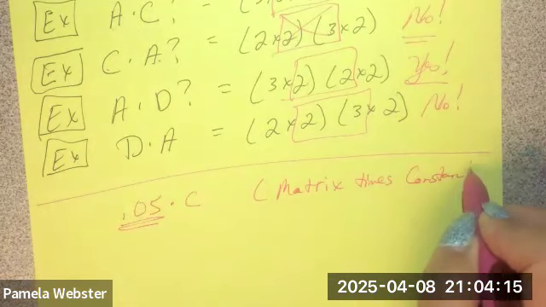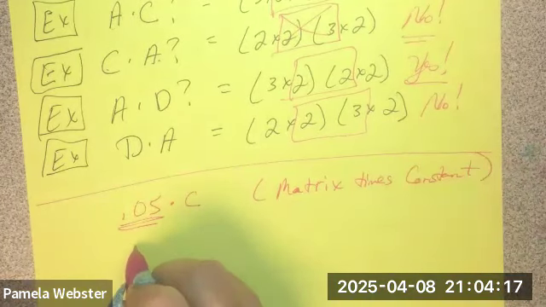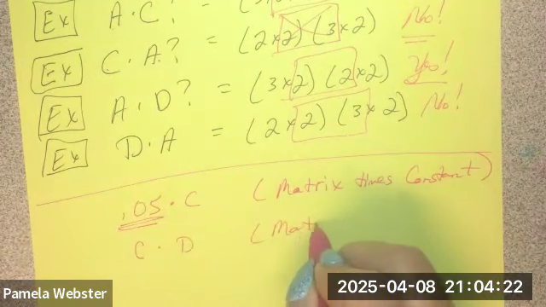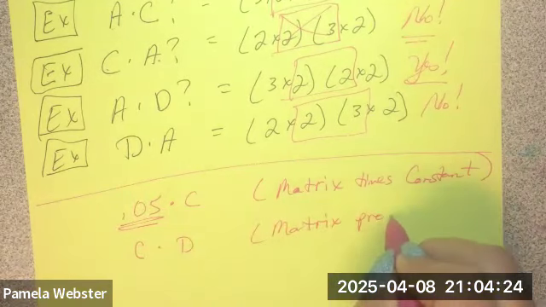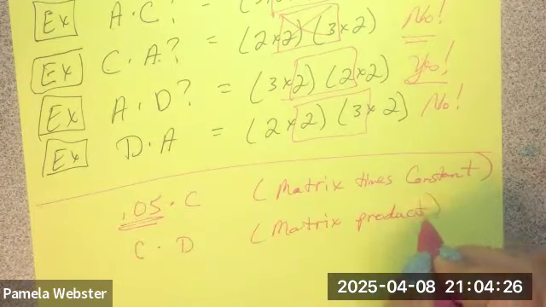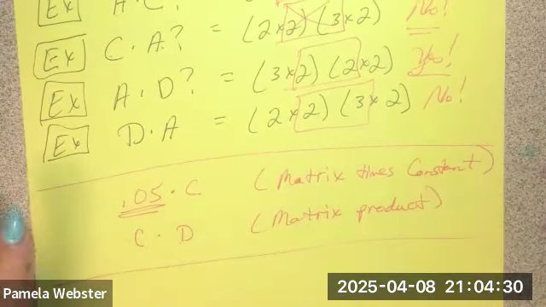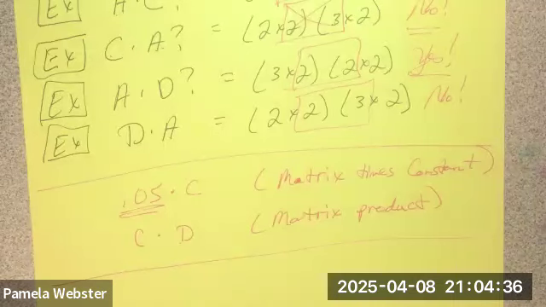We can absolutely do that. Or we can do something like C times D, and that's going to be called a matrix product. Okay, so two different pieces there. We're very capable of doing both of them. It's not difficult, but they are two different processes. So make sure when you're looking at that, you know the difference.